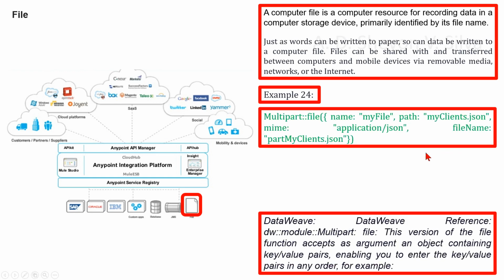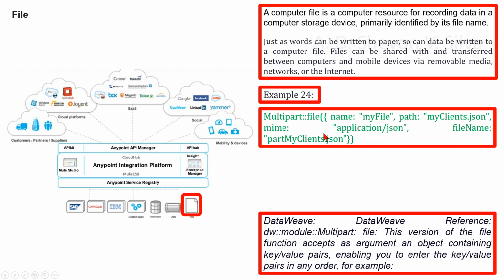Now we are considering the file function of the multipart module in DW, the multipart module in the DataWeave reference. This is the file, with name, path, mime, and file name.